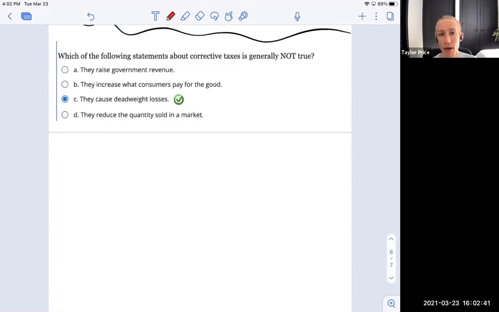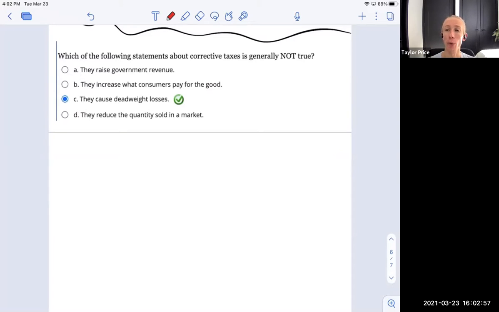And then the final question for this week was something from the chapter 10 pre-lecture quiz as well. This question was asking, which of the following statements about corrective taxes is generally not true?